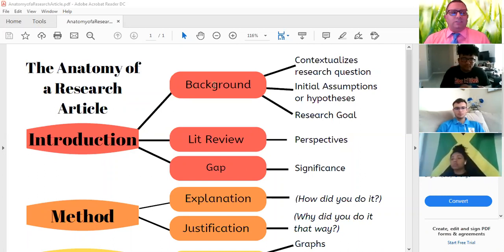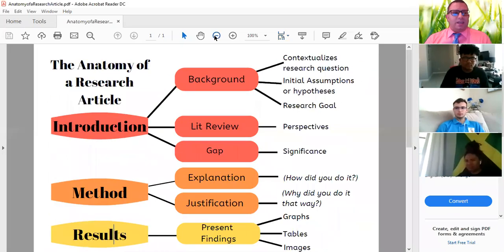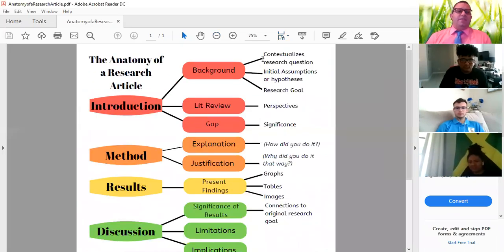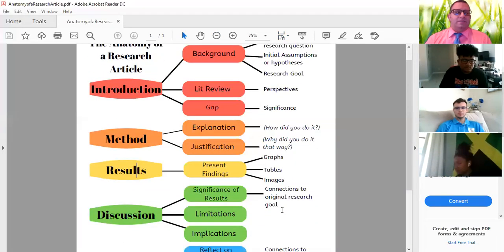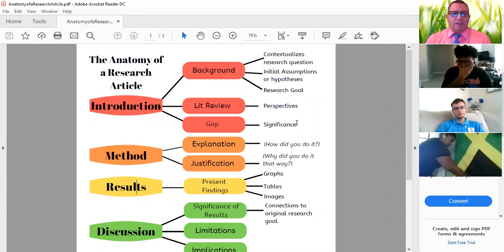Typically, it's a little denser. It's more scientific. It's going to contain a lot more jargon in it. It's kind of helpful to realize that they're typically broken down into six different parts. And I'll post this graphic later for you too. But typically you would start with an introduction, and the introduction's going to contain three parts.